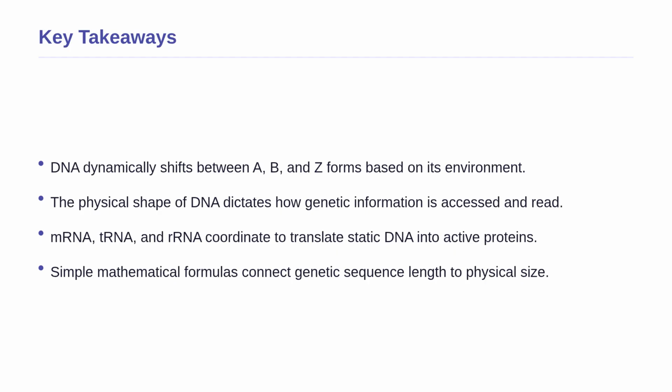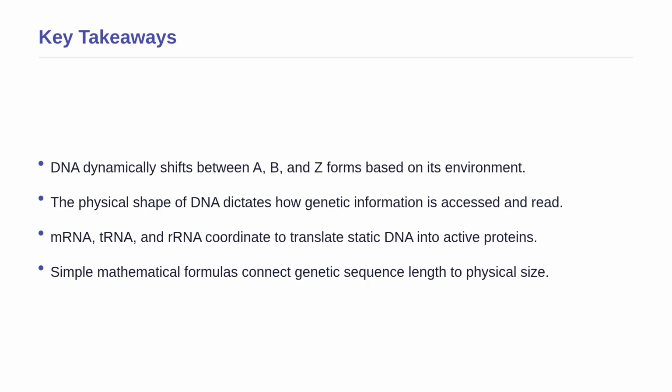We have covered a lot of ground today, so let us summarize the most important ideas. First, DNA is not a rigid molecule. It dynamically shifts between A, B, and Z forms, and this physical shape directly controls how genetic information is accessed.